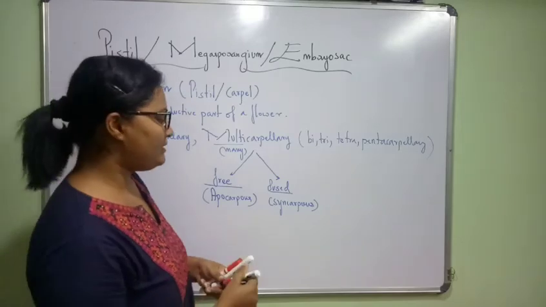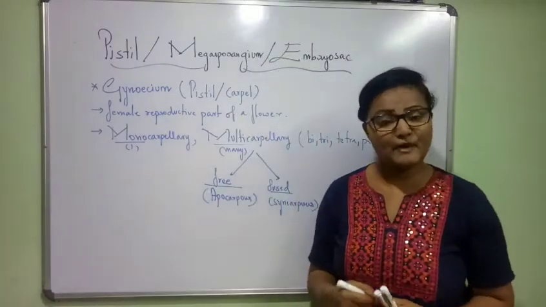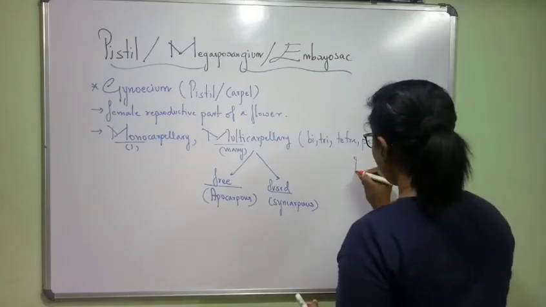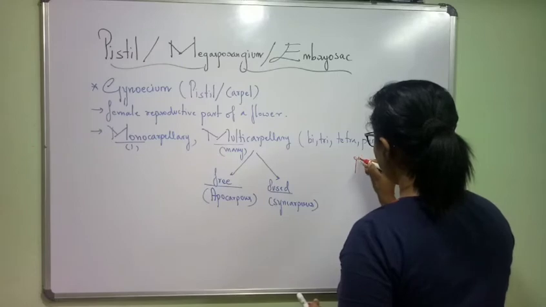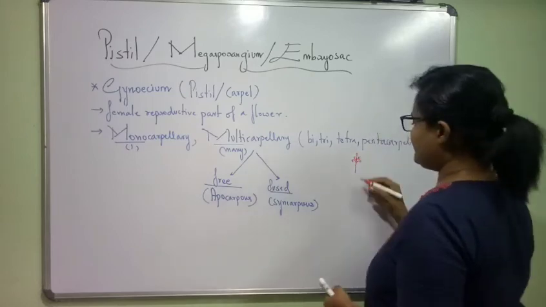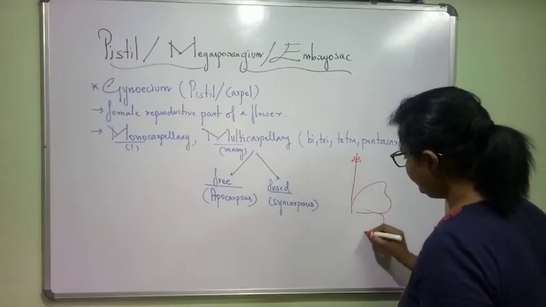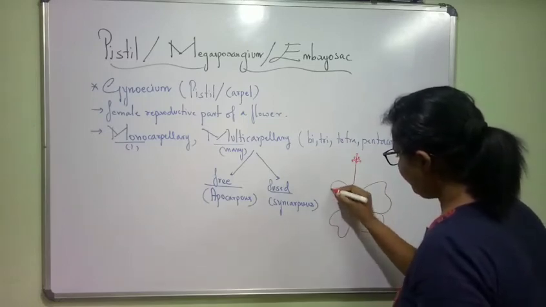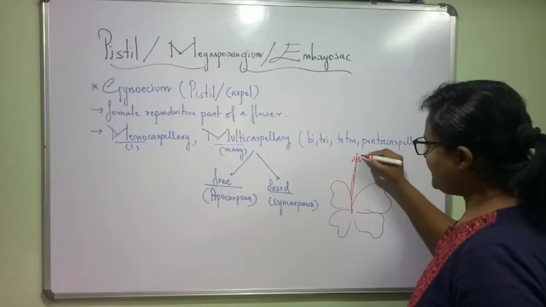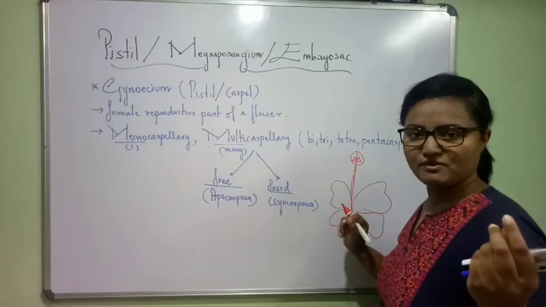Okay, one example for syncarpous, because we are going to deal with the flower practically in our practicals also, is the hibiscus flower. Maybe you have seen this condition. If petals are there, maybe you have seen, this is our gynoecium, where the gynoecium ends with 4 or 5 structures.